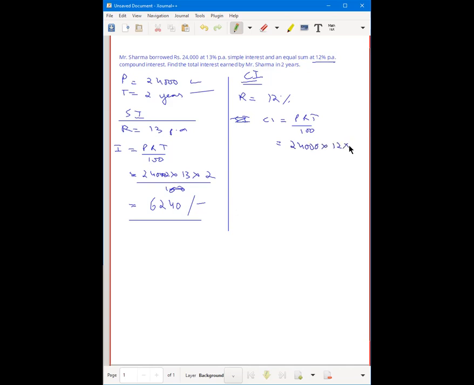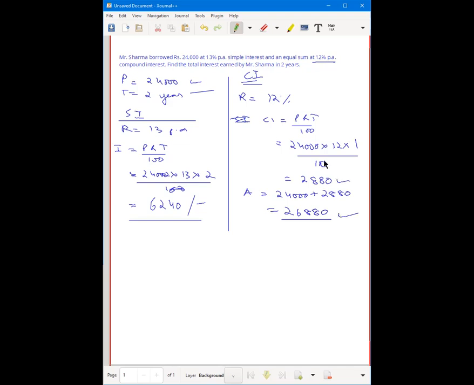Not 2. Remember, we cannot do this in 2. We have to do it every year separately. If you want to do it in 2, you'll have to use the formula for compound interest, that is A is equal to P into 1 plus R upon 100 raised to the power of n. So here it will be 2880, and the amount will become 24,000 plus 2880, which is 26880. Are you clear so far?